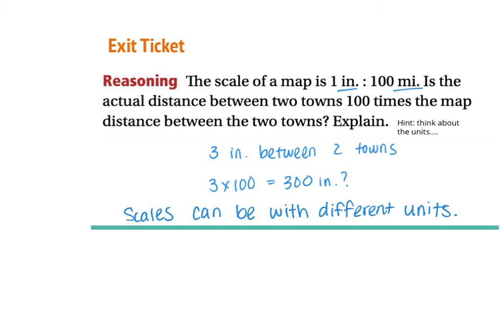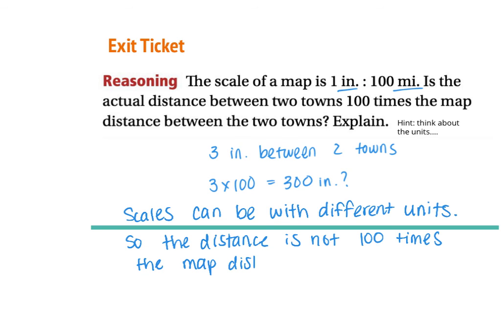So the distance is not 100 times the map distance. Okay? All this exit ticket wanted you to do was to recognize that scales do not have to be in the same units.